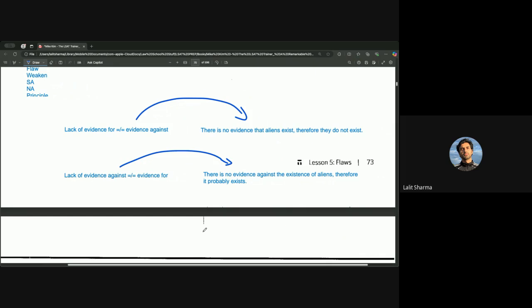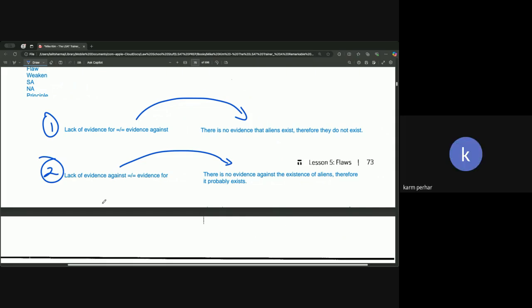The good news is the first one, the one on the top, is actually the one that you'll see more often. People will say, oh, there's no evidence of fraud here, therefore there definitely wasn't fraud. And when I say people, I mean on the LSAT, on the questions, because they'll say politician, colon, blah, blah, blah.